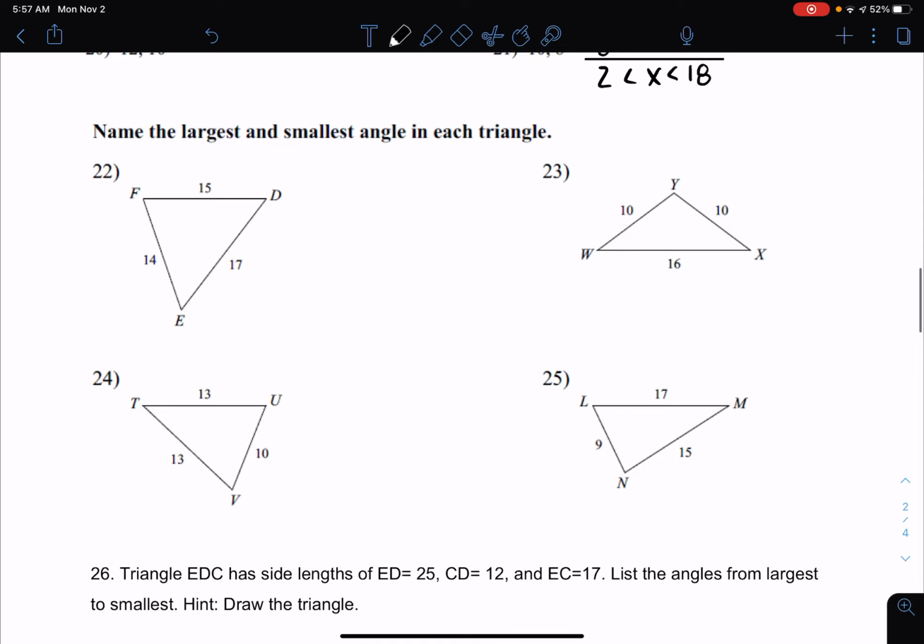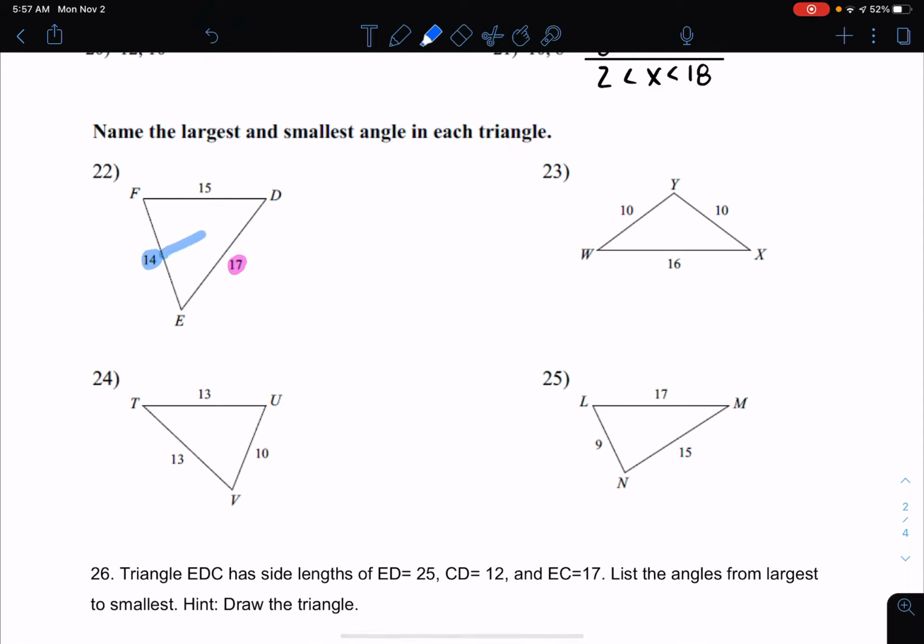All right, find the largest and smallest angle in each triangle. First we need to find the largest and smallest side. This is the largest side, and this is the smallest side.